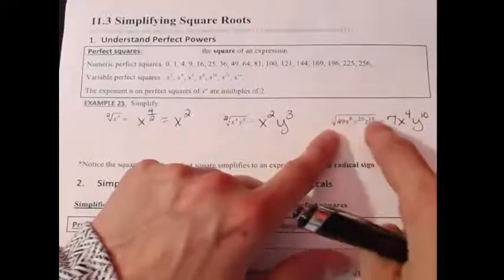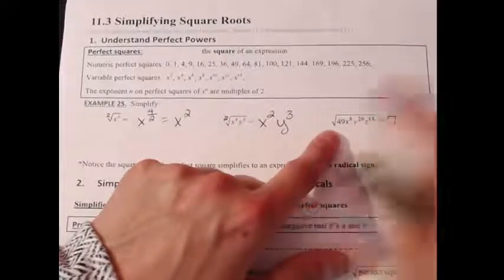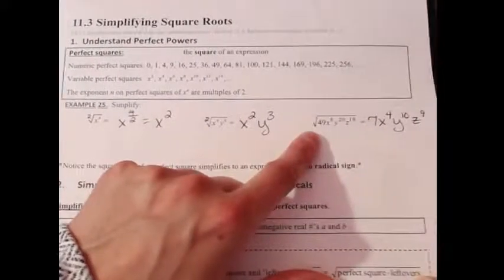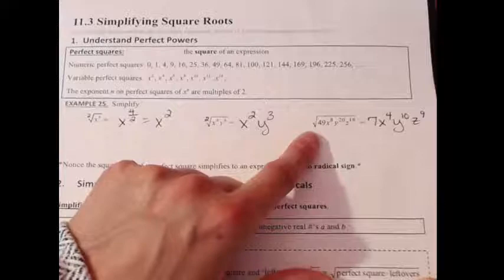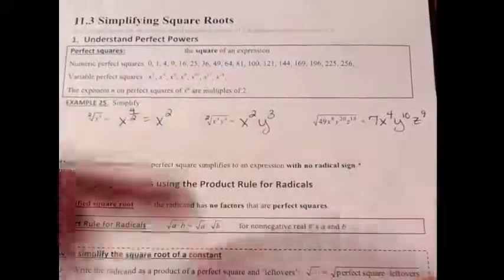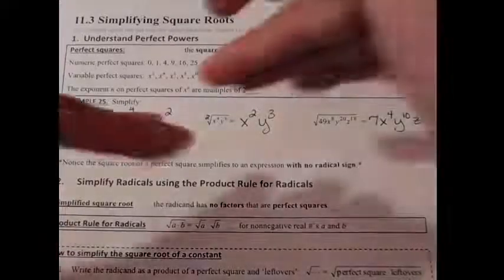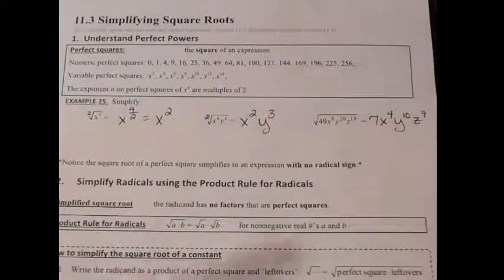The square root of z to the 18th, take the 18 divided by 2, 9. And we're done. Notice that I took the square root of each individual base. I just didn't write it out as the square root of each of these bases. I didn't rewrite it as such, but I could have.